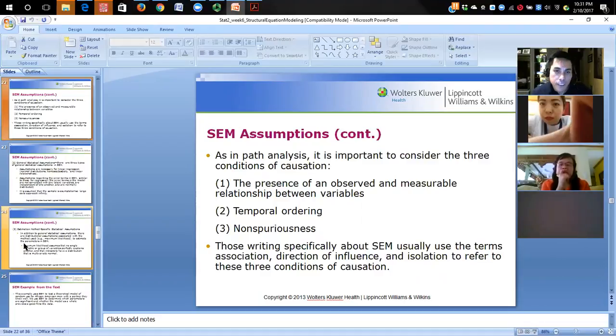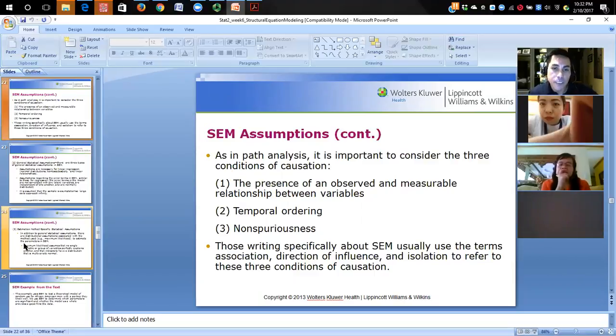These are three important concepts in cause and effect relationship in scientific inquiry. Number one, observable and measurable relationship between variables. Number two is temporal ordering. So A has to happen first before B will happen, and B has to happen first before C will happen, and then C has to happen first before D will happen. That's what you call the temporal ordering of cause and effect.